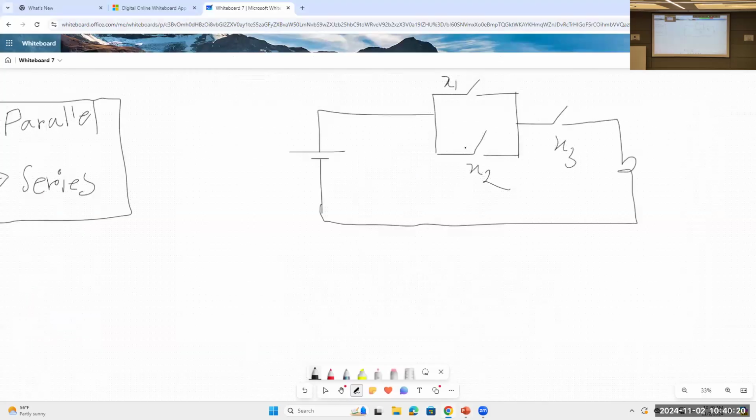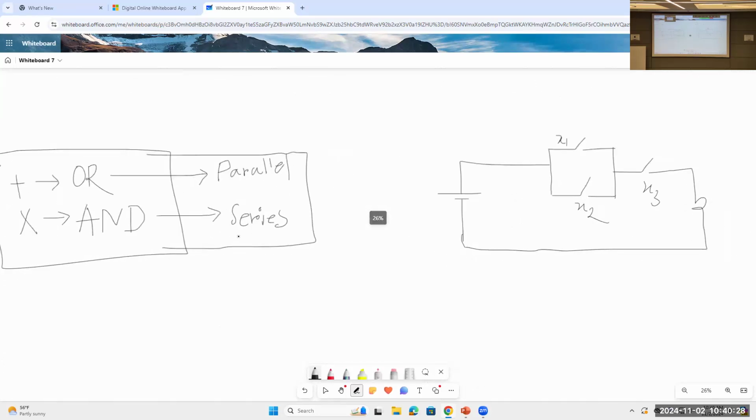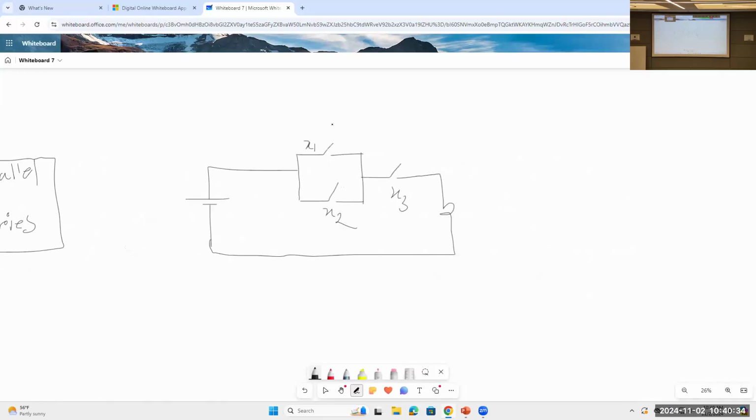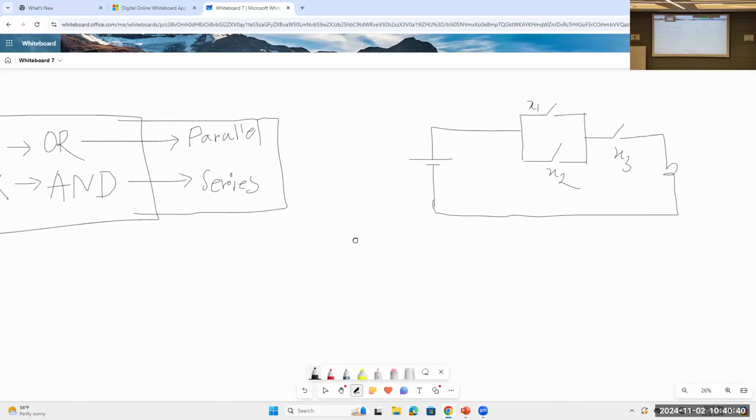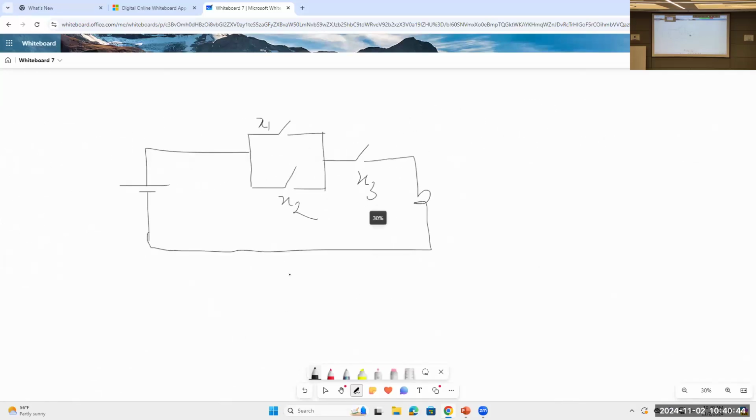I think we have told you that parallel means plus and series means multiplication operation. But here we have both series and parallel connections. So we have to write the function like x1 into x2, something like this, for this circuit. So we have to do this part by part.